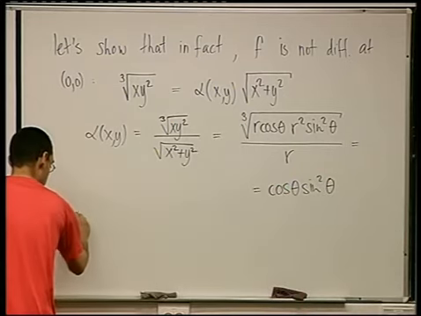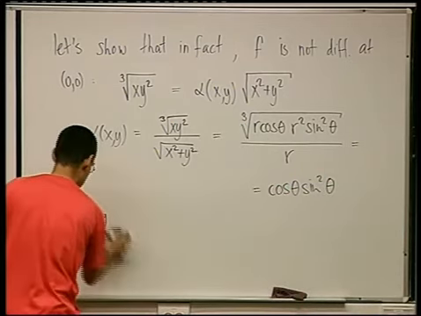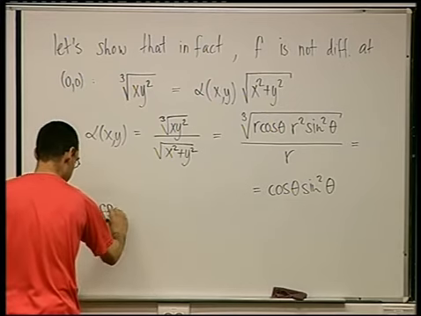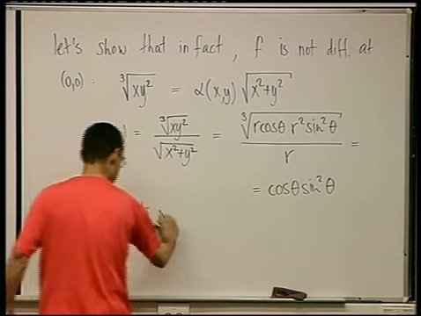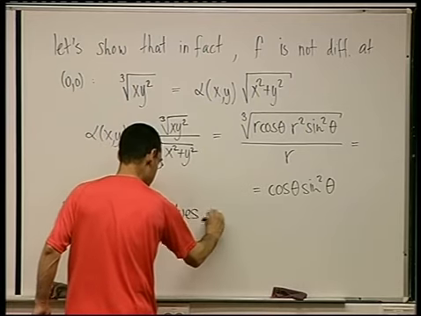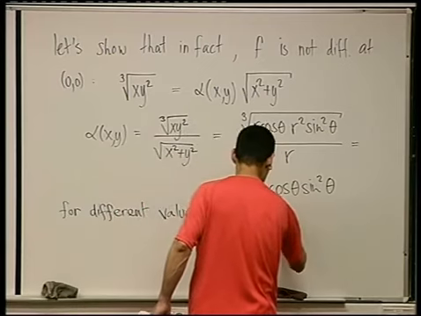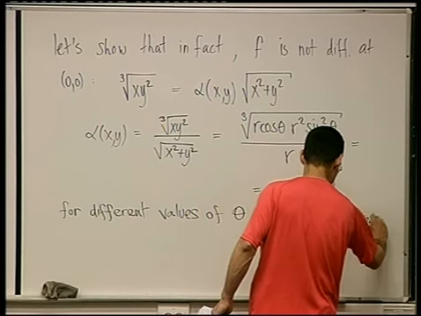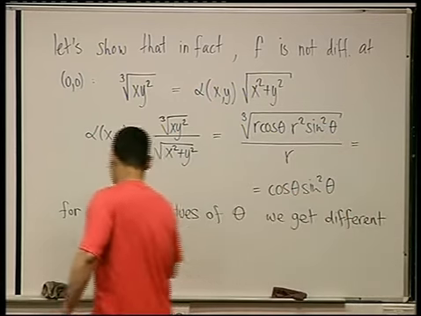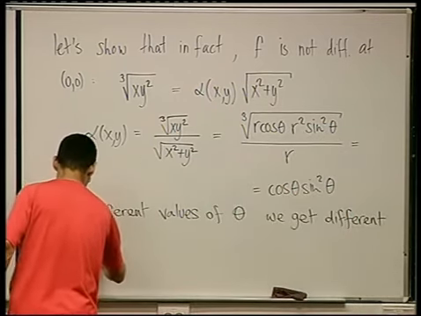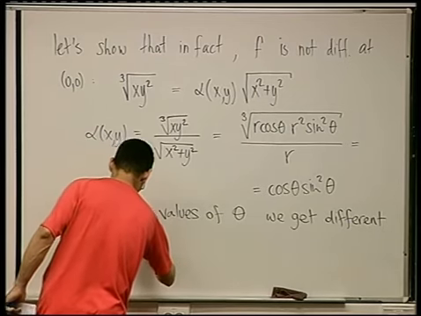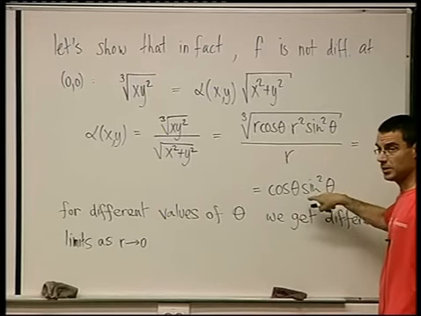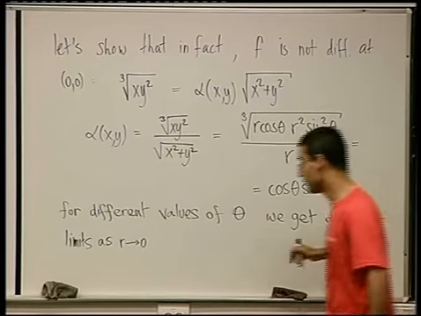So let's write that. For different values of theta, we get different limits as r goes to 0, as we approach the origin. There's no r here, so the limits are just going to be this thing. This is already constant.